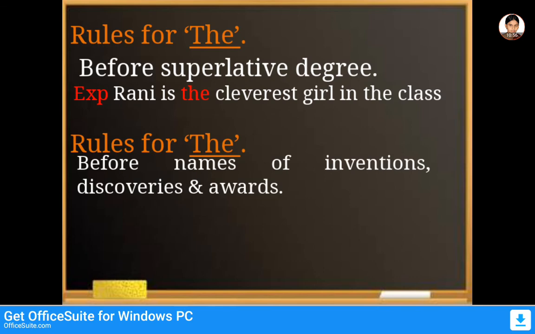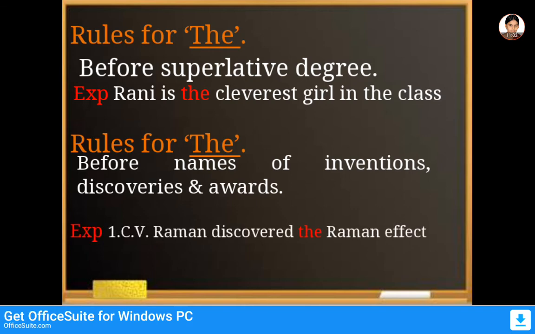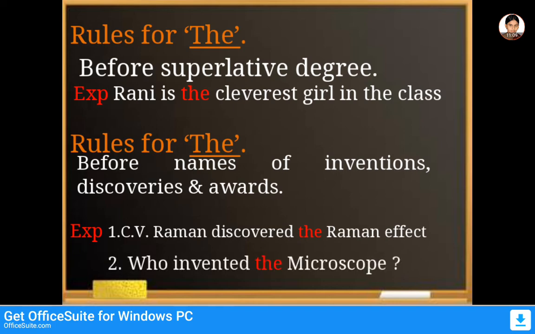Before names of inventions, discoveries and awards. C.V. Raman discovered the Raman effect. Here, what was the discovery? Raman effect. Before discoveries, "the" is used. Let us see the second one. Who invented the microscope? Here, microscope is the invention.